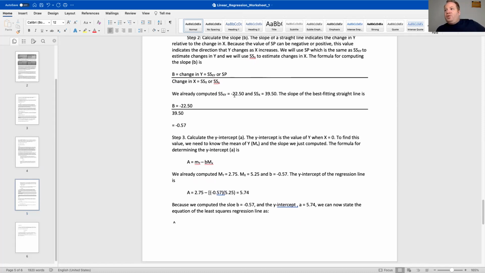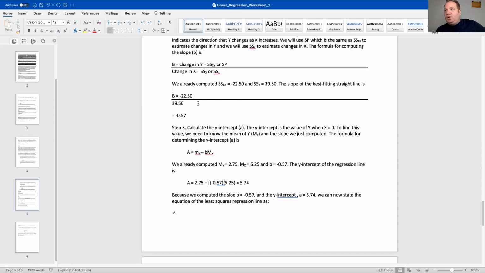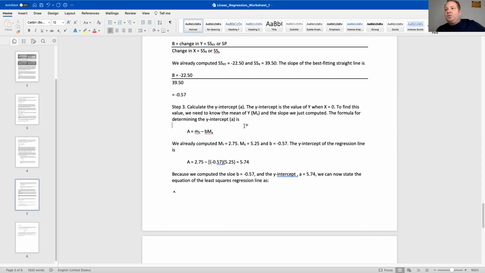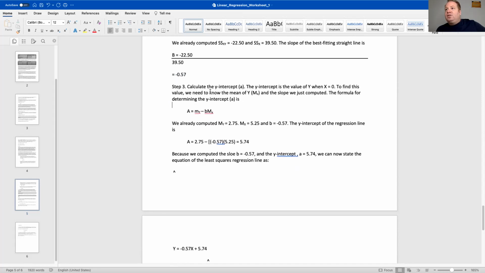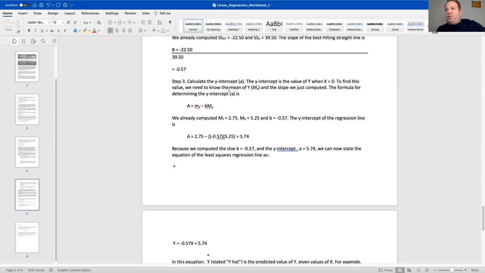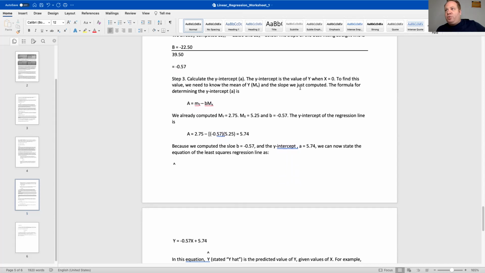So we already computed this. We know negative 22.5 for this, and 39.5 for the sum of the squares x. The slope b is negative 0.57. Next, we want to calculate the y-intercept, or a. The y-intercept is the value of y when x is equal to 0. To find this value, we need to know the mean of x, Mx, and the slope we just computed.